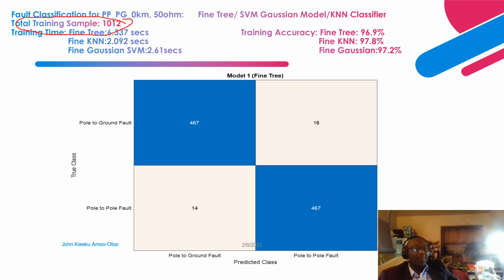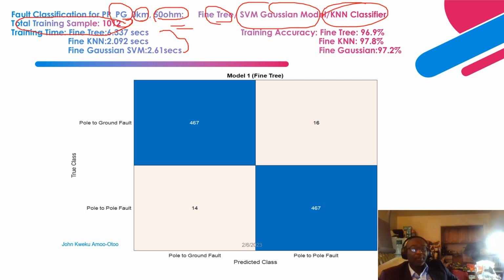What I'm trying to classify is a pole-to-pole fault at 0 kilometers and 50 ohms, and a pole-to-ground fault at 0 kilometers on the DC transmission line or cable, with a fault resistance of 50 ohms, utilizing these three classification algorithms. These are my training times, and my accuracy.